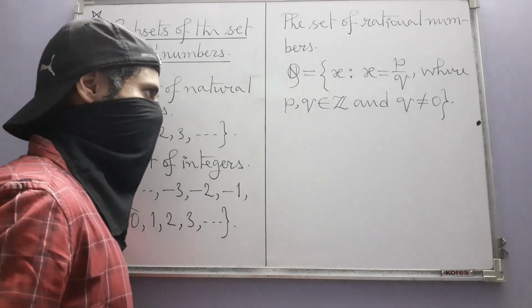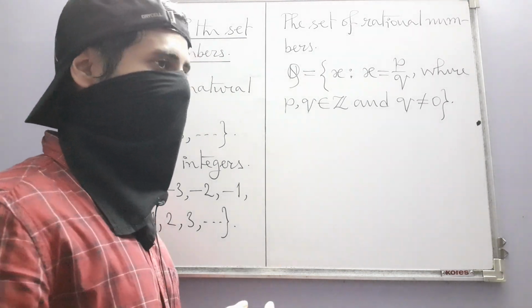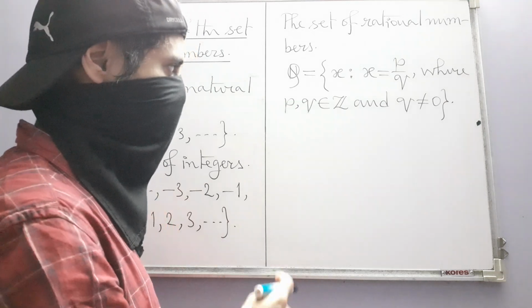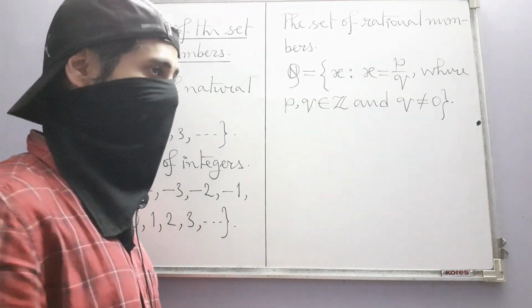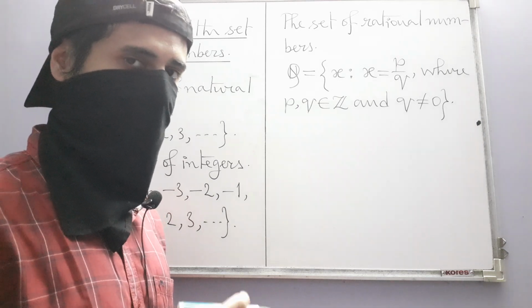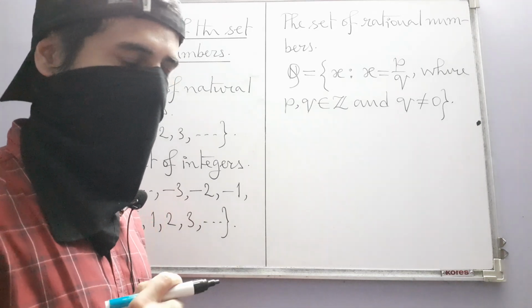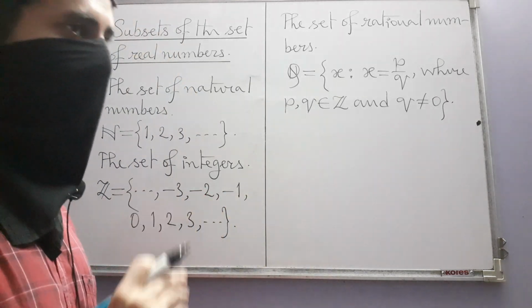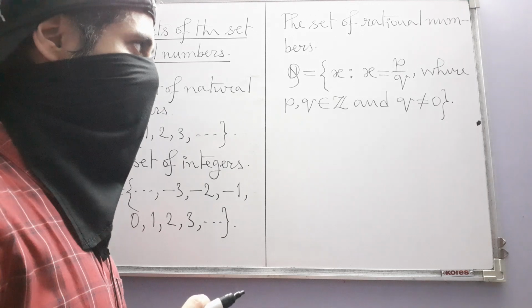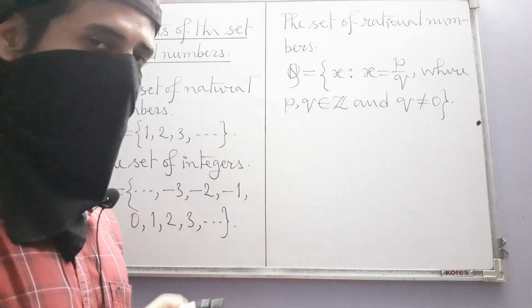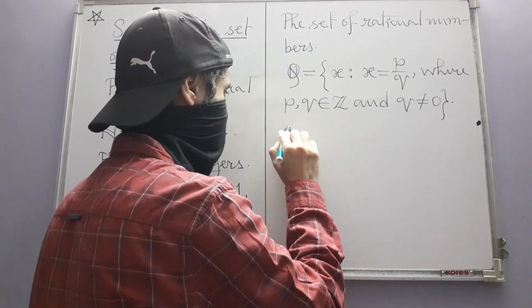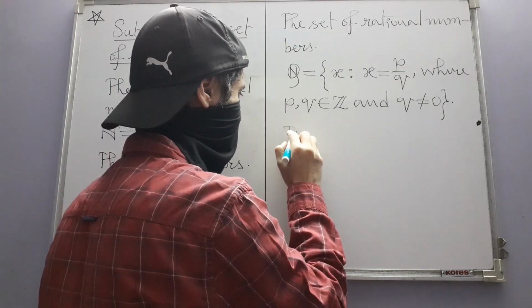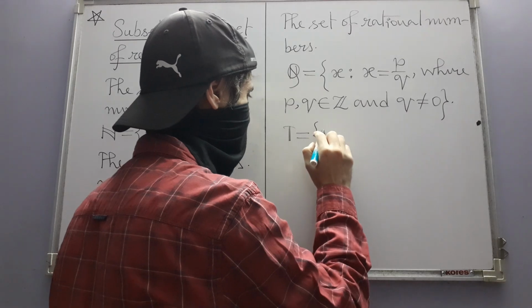And after these three sets, there is also the set of irrational numbers, just like this one, square root of 2, square root of 5, cube root of 2, cube root of 5, or other higher roots. Now that set, the set of irrational numbers, does not have a standard symbol, although in this text the symbol capital T, for some reason I don't know why, has been used to denote the set of irrational numbers.